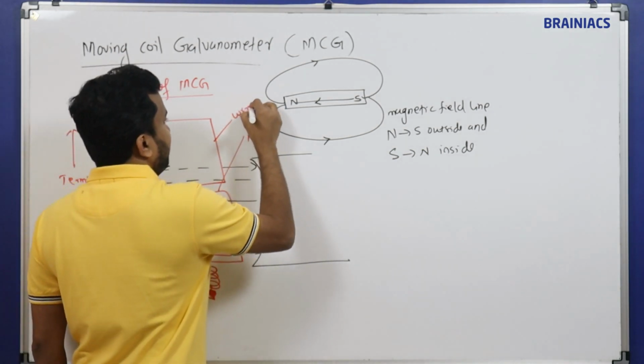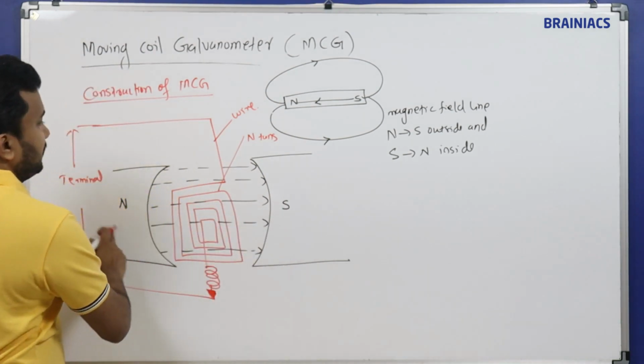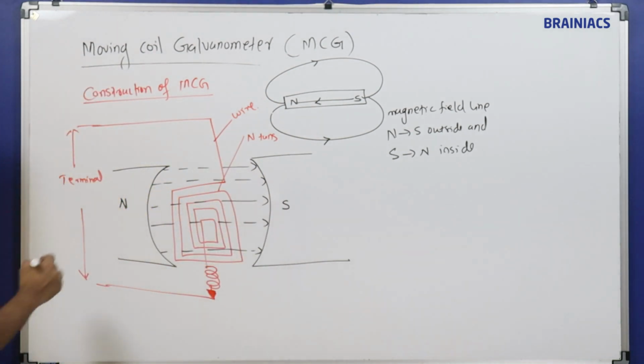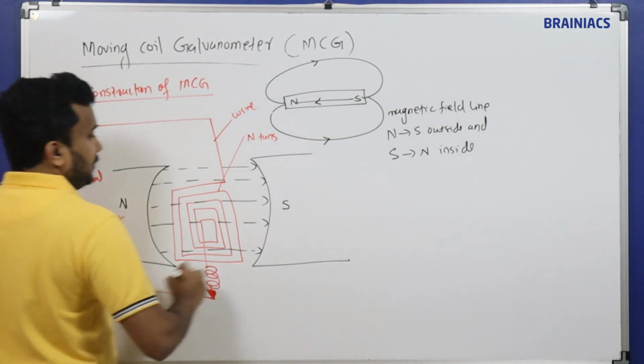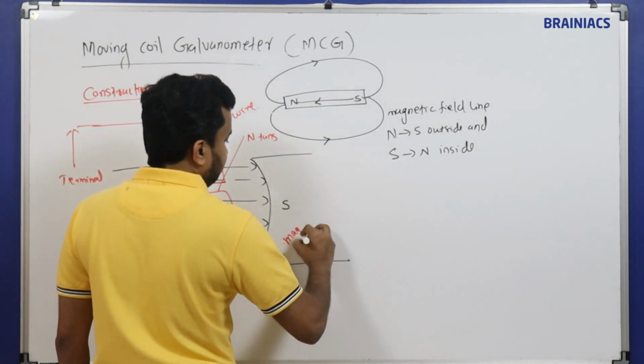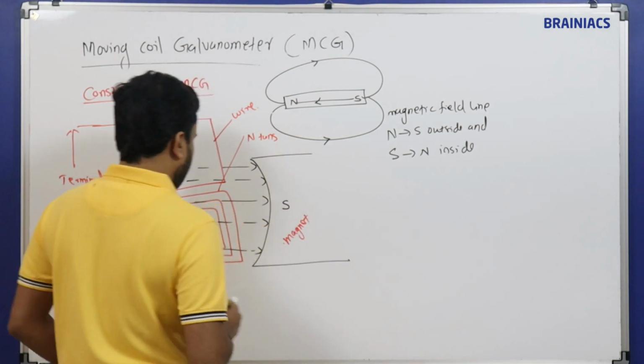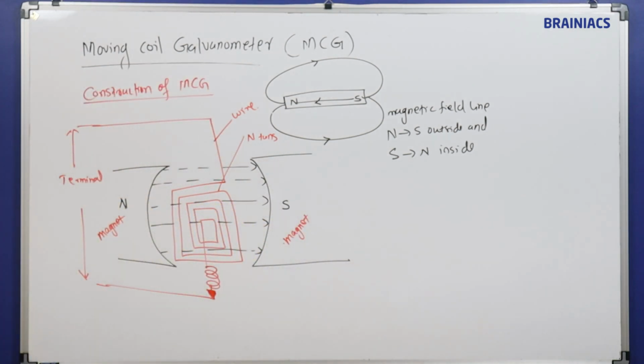North and south is a magnet, this is also a magnet with north and south poles. Monopole does not exist, right? For a magnet, both poles should be there, then only these things will be applicable.